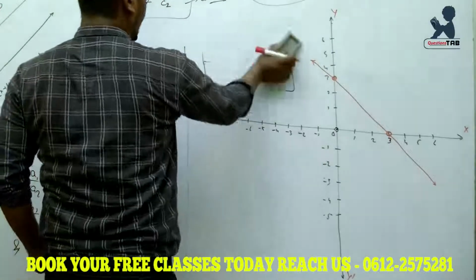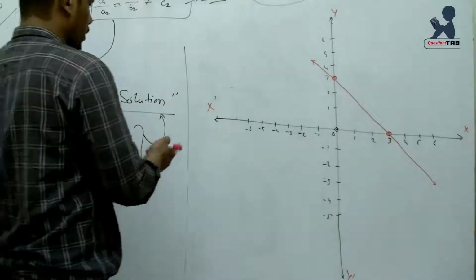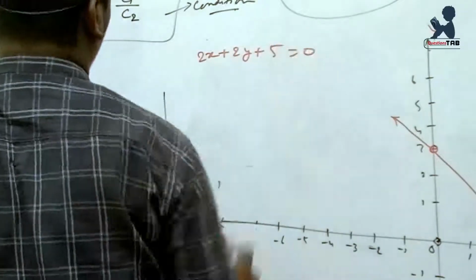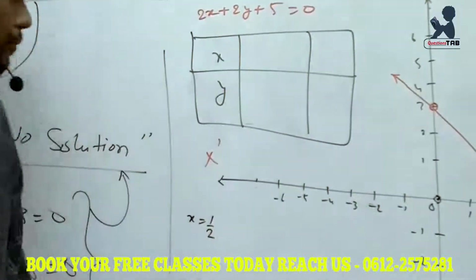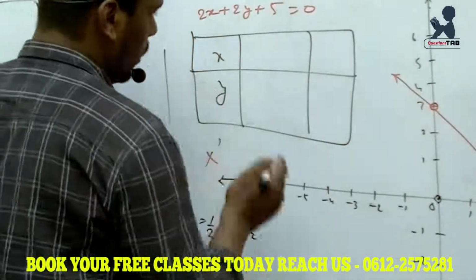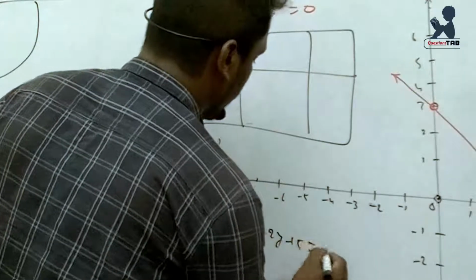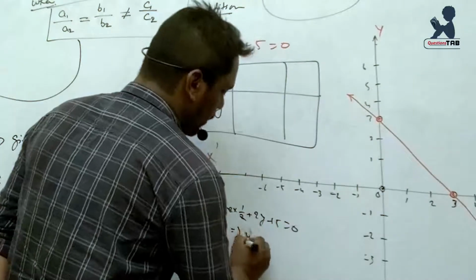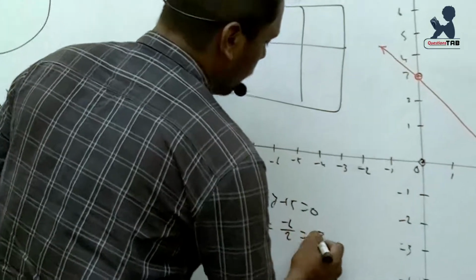Now let's solve our second equation, 2x plus 2y plus 5 equals 0. Here we take x equals half. So for x equals half, we get 2 into 1 by 2 plus 2y plus 5 equals 0, that is y equals minus 6 by 2, that's minus 3.